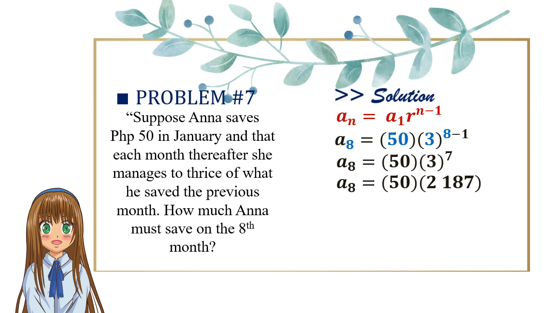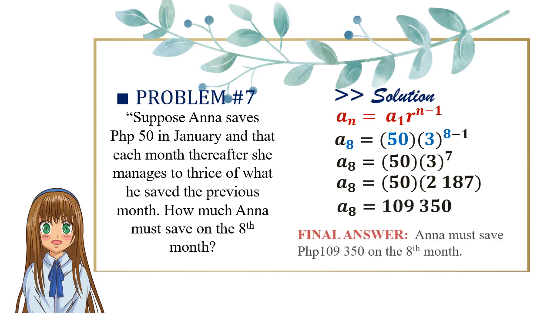Lastly, multiply with the first term, which is 50 pesos, and so I have here 109,350. So our final answer for this problem, Anna must save 109,350 on the 8th month. Of course, let's assume that the pattern stated in the problem is consistent or is followed.